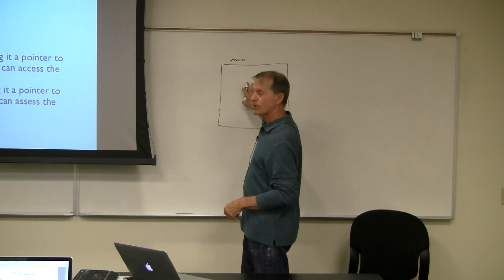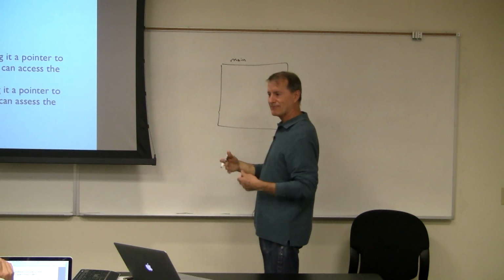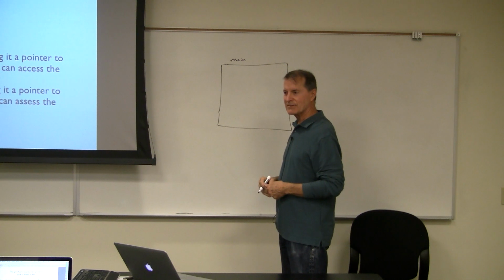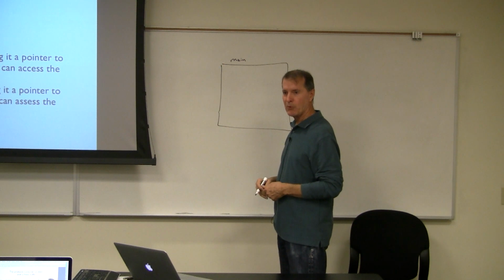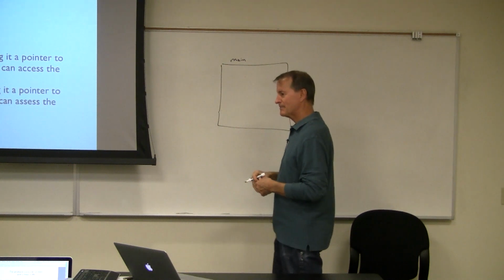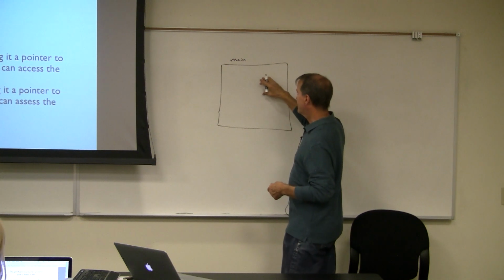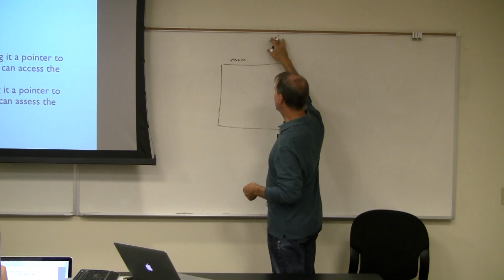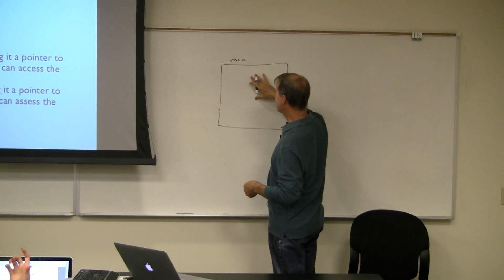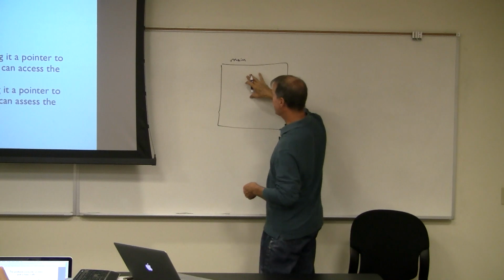So which part of memory does new get its allocated storage from? Anytime you do new, where is it allocated from? Come on, you guys. Yeah, from the heap. Actually, the heap is out here in Never Never Land, sort of outside this main, but I'm going to draw it in here anyway.